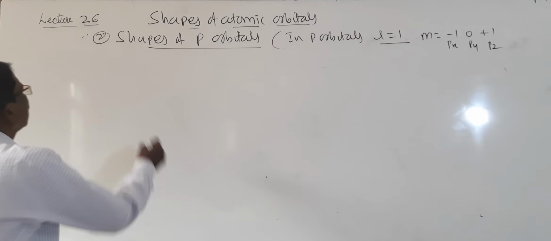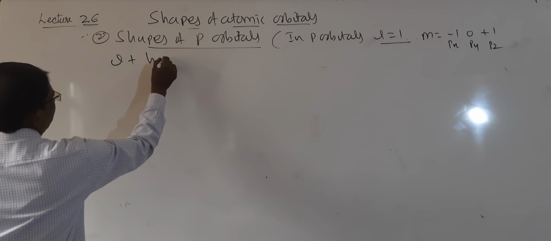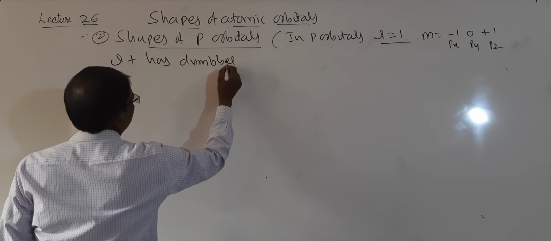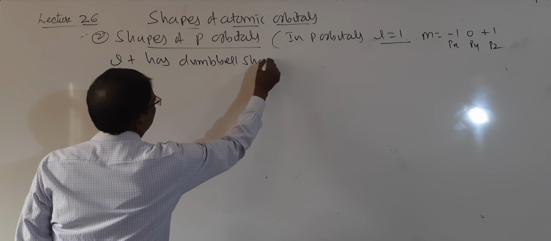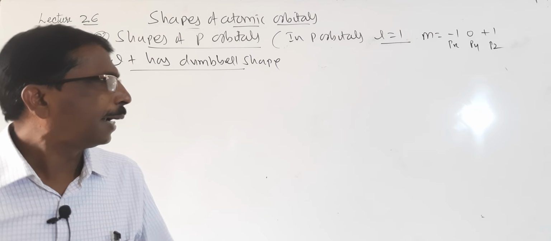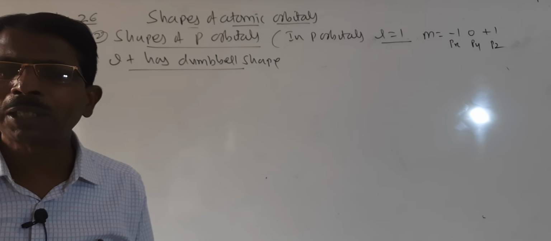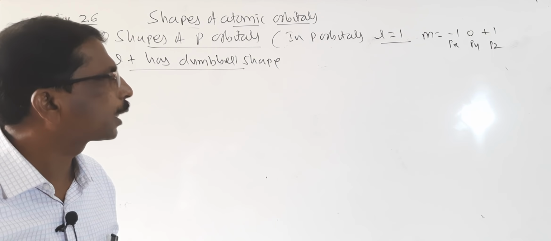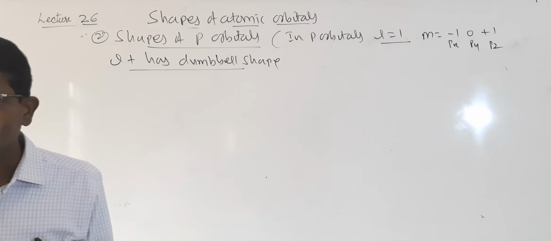Here it has a dumbbell shape, and the 3 subshells are there. Here it has 3 orbitals, that is Px, Py and Pz.